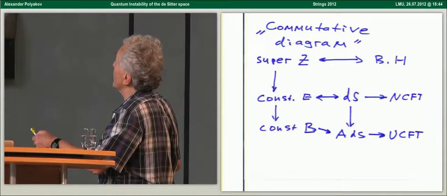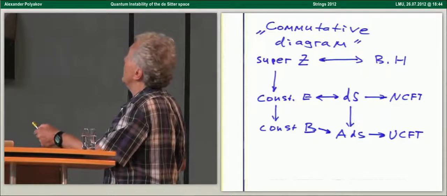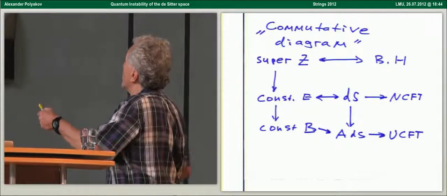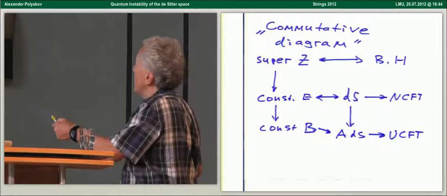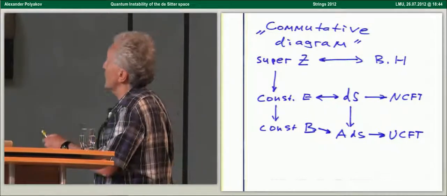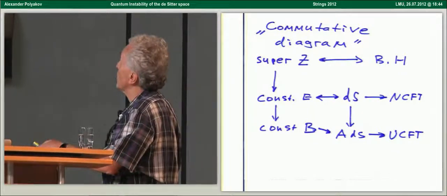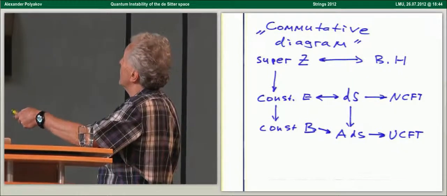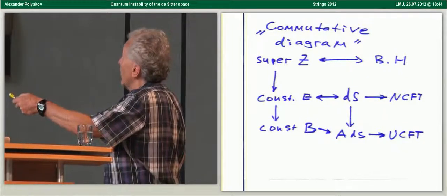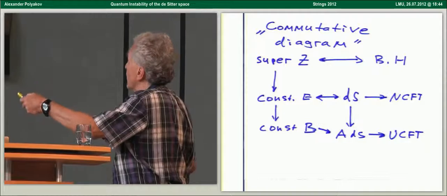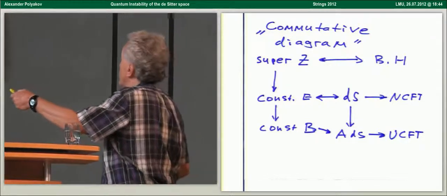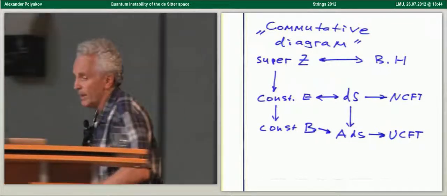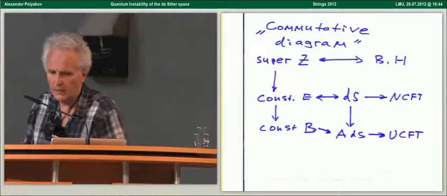This is analogous to de Sitter space. Both actually have descriptions in non-unitary conformal field theory. There is an analogy with a constant magnetic field, which corresponds to AdS and is described by the unitary conformal field theory.